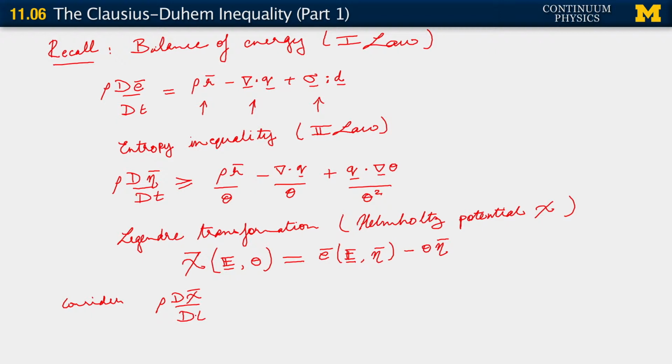That's easy enough to write out from the Legendre transformation. We would write that as rho times the material time derivative of the internal energy, minus rho times the material time derivative of the temperature times eta bar, minus rho theta times the material time derivative of eta bar.